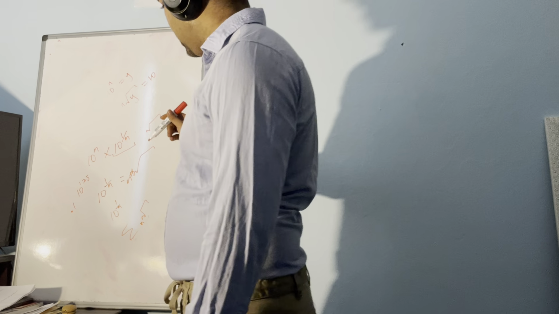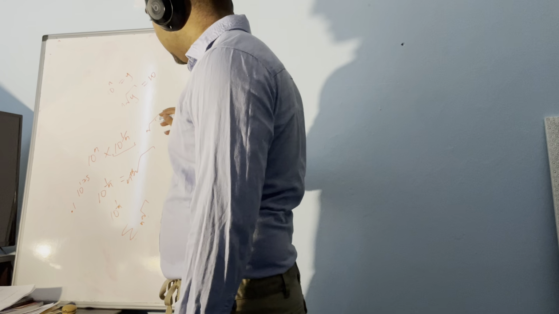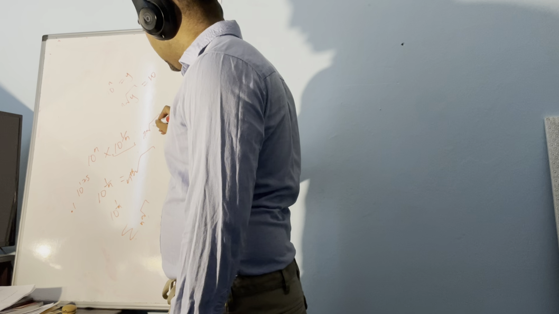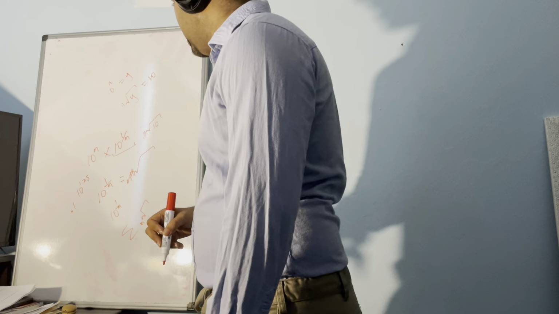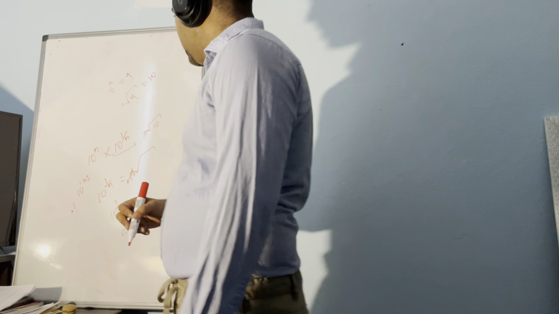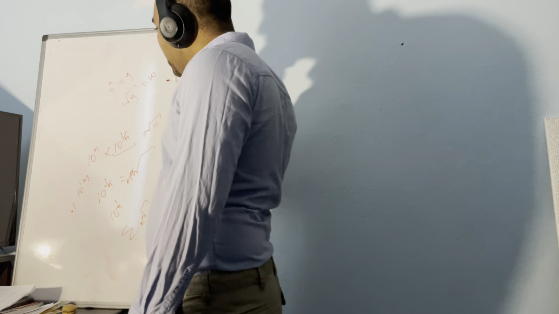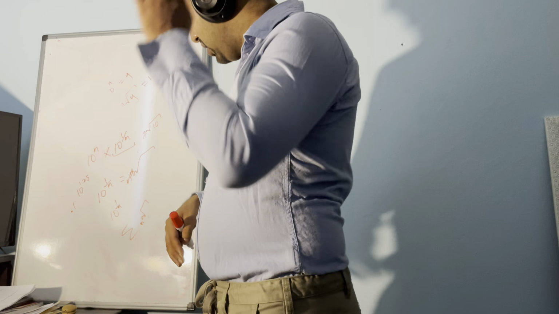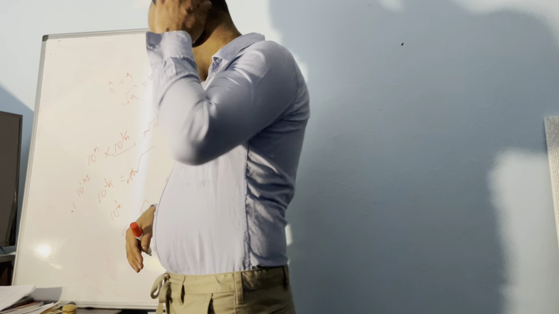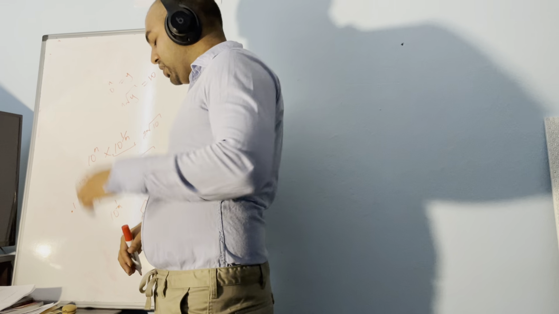So if 10 to the power of 1 over n, then you could say it is the nth root of 10. Right? And the last thing I want to touch on here.